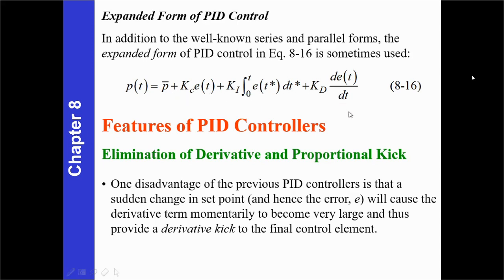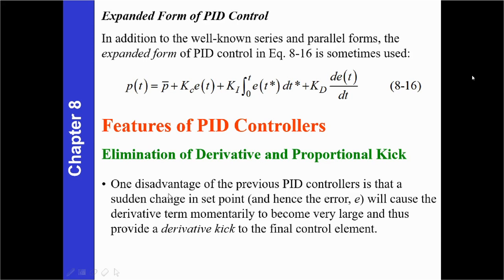So this is the expanded form of the PID controller. And when we look into the general features of the PID controllers, the PID controllers will eliminate the derivative and proportional kick.